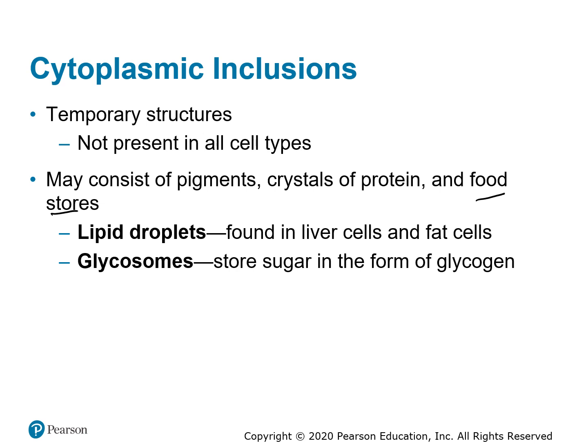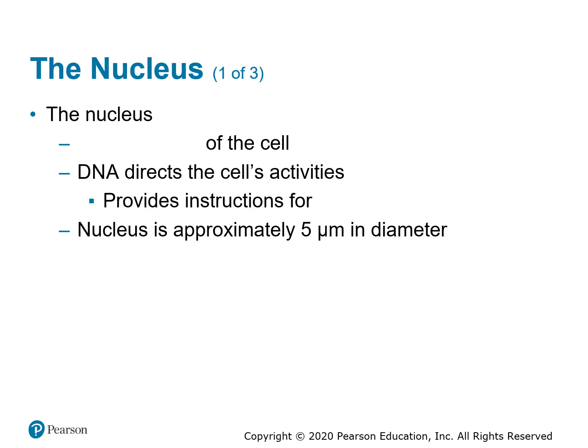Last major part of the cell is the nucleus. The nucleus is the brains of your cell. Your nucleus is what provides the DNA that has the instructions for protein synthesis.